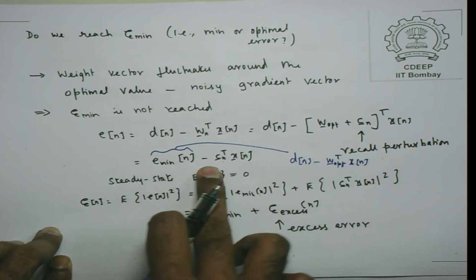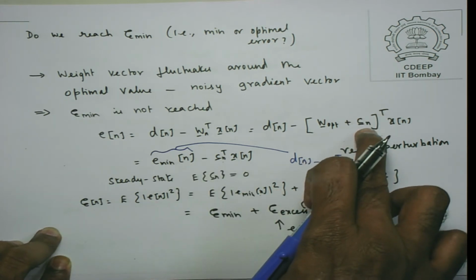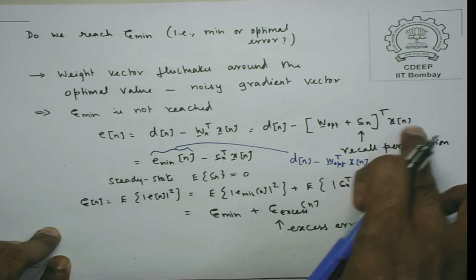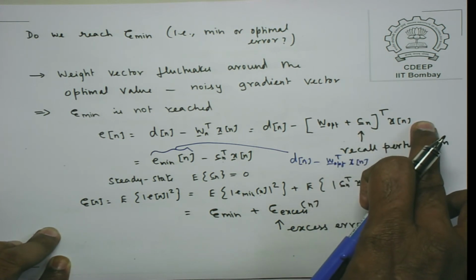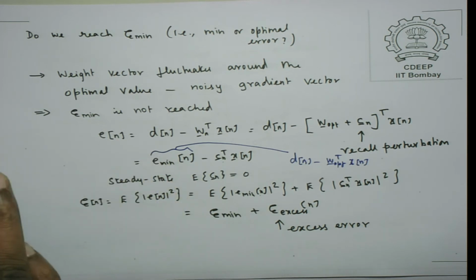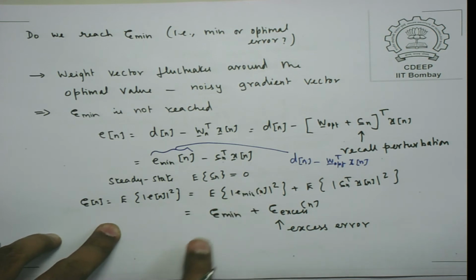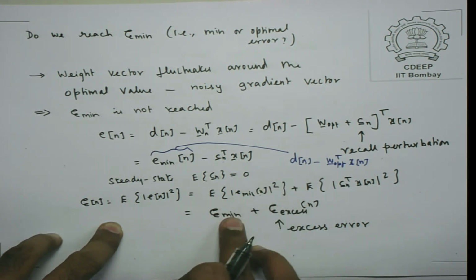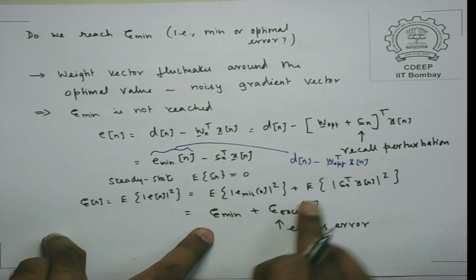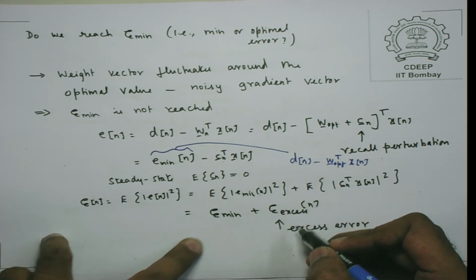But in addition to this minimum error, there is an error term coming from the perturbation of these weights. If mu is chosen properly, this LMS will converge. Assuming that convergence, the first term will just be the zeta minimum term, and the second term will lead to some additional error.